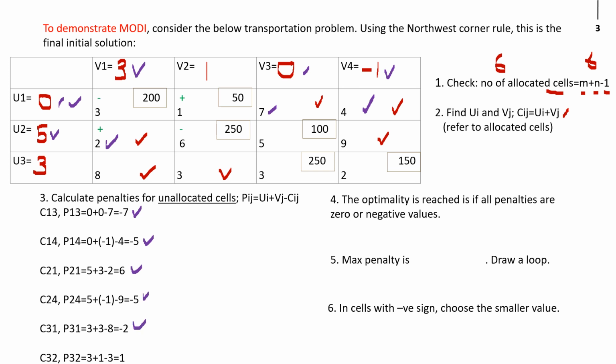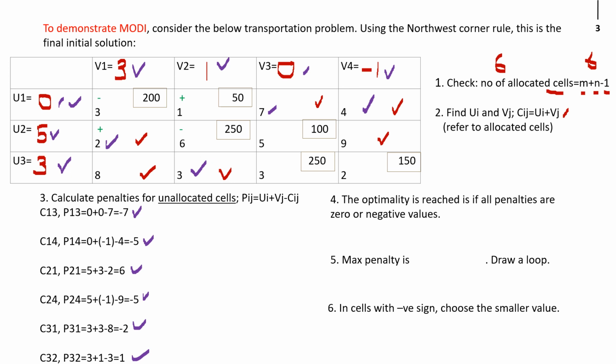And we do the rest until the last one, C32: 3 plus 1 minus 3 equals 1. Then we can determine whether our solution is optimal or not.